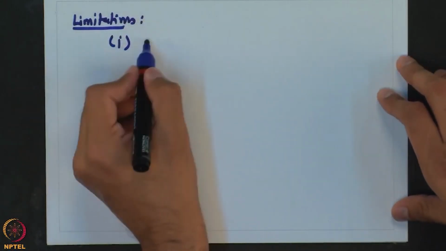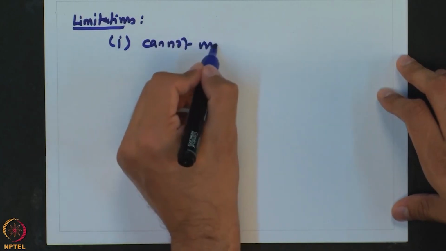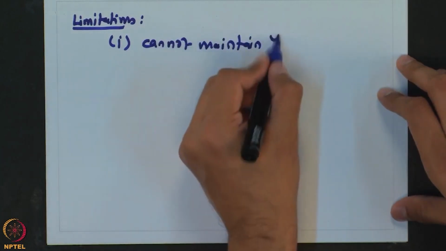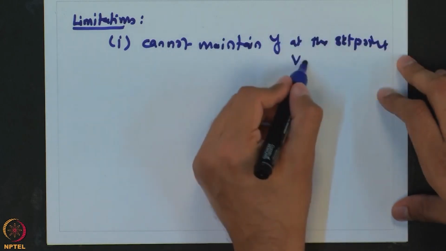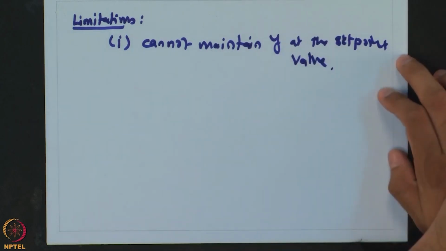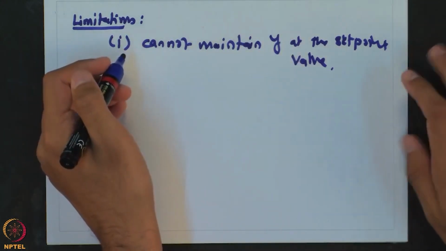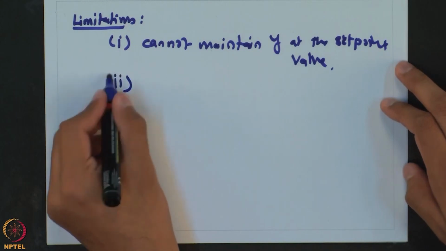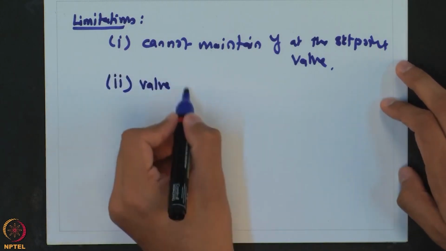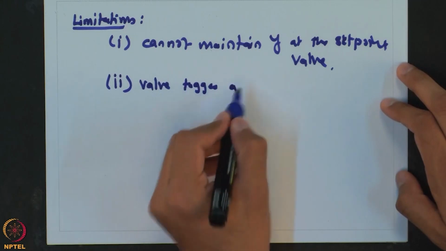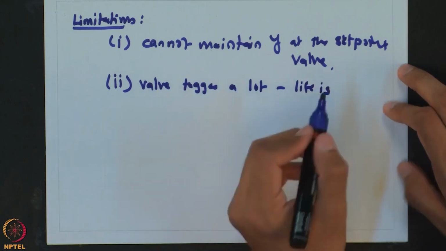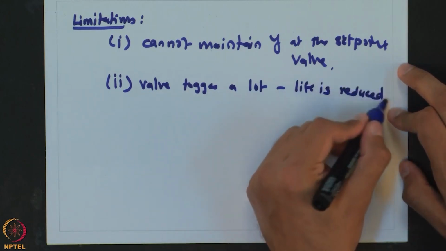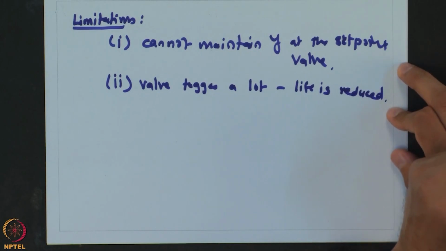First of all, it cannot maintain the set value. So, if we want to control the variable exactly at the set point value, then on off controller will not be a good choice. And secondly, as the valve toggles a lot, the life of the valve is reduced.